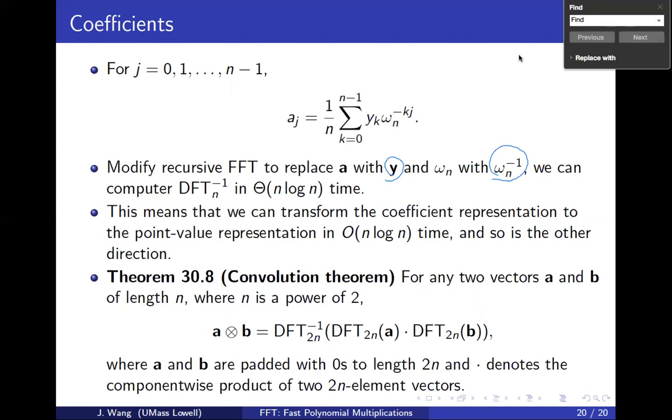So we can compute the inverse of the discrete Fourier transform also in n log n time. Which means that you can go from coefficient representation to point value representation in n log n time, and vice versa, by choosing the unit root values as your points on the x-axis. Okay.